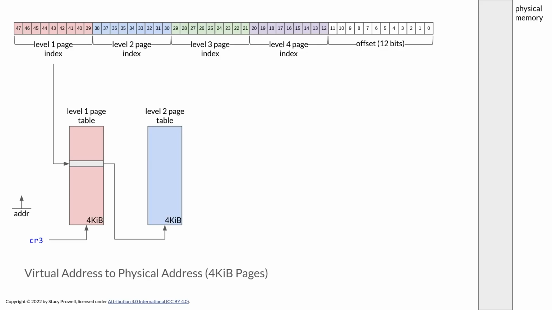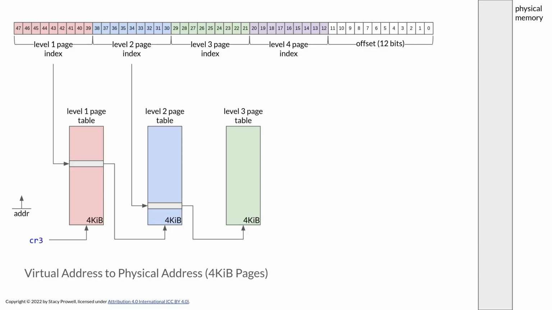I said a level 2 page table, right? There can be 512 different level 2 page tables. And this points to one of them. Now, we use the level 2 page index to go and get another address, and that will point us to a level 3 page table. Okay, and you can see what's happening here, right?